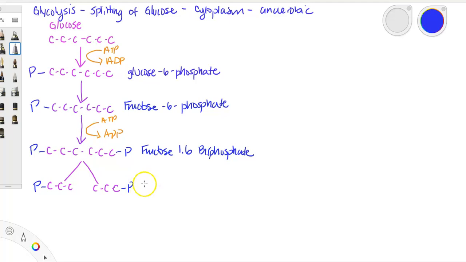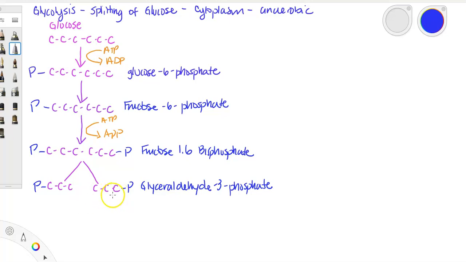And this molecule is called glyceraldehyde 3-phosphate, which we'll see again. Okay. So now we have two 3-carbon molecules. We had one 6-carbon molecule. Now we've got two 3-carbon molecules.